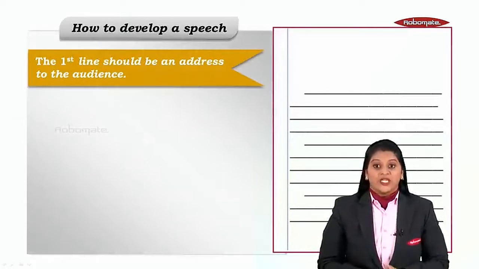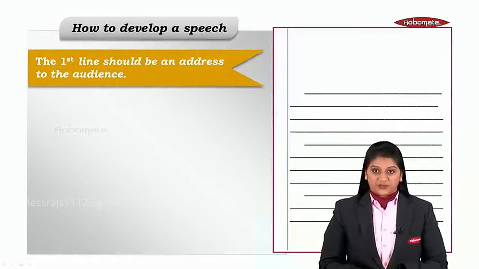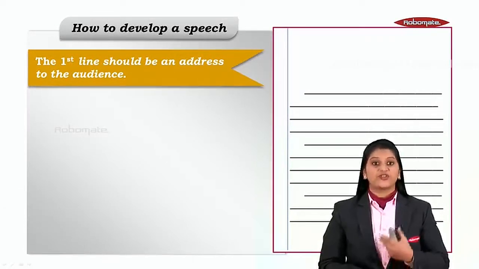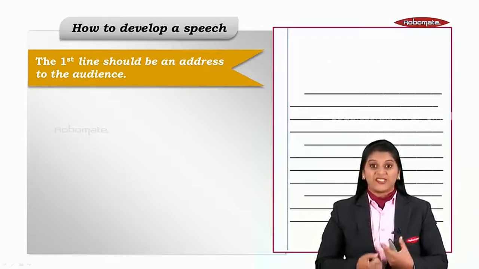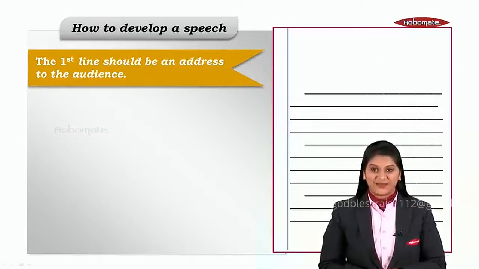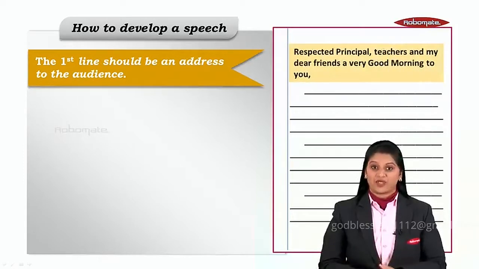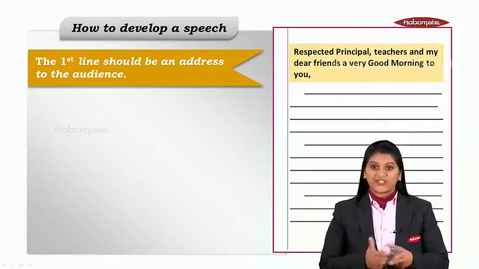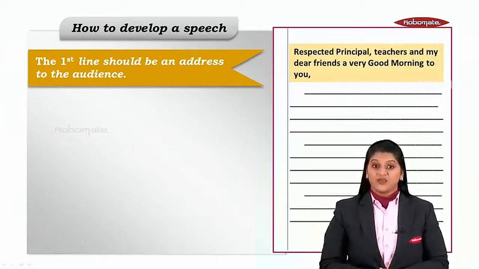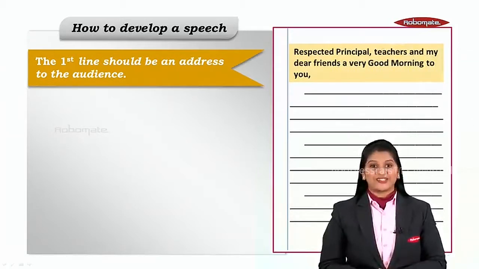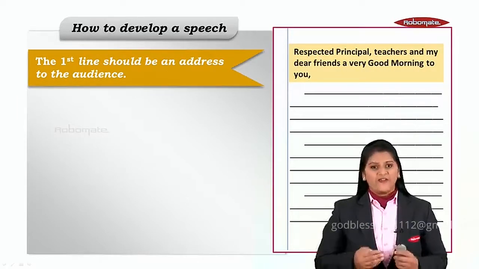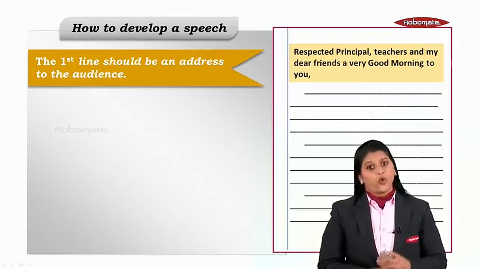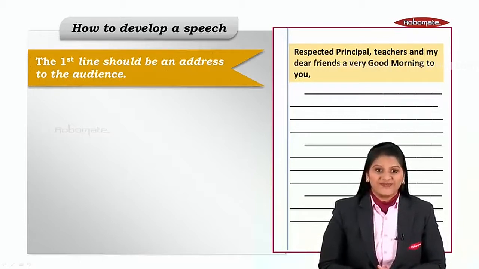Now, the first line of your speech, okay, is an address to the audience. That means you're going to talk to the audience, greet them, start a conversation with them. So this line is very important. Never forget it. This address to the audience could be respected principal, teachers, and my dear friends, a very good morning to you. But what if you're not giving a speech in school?